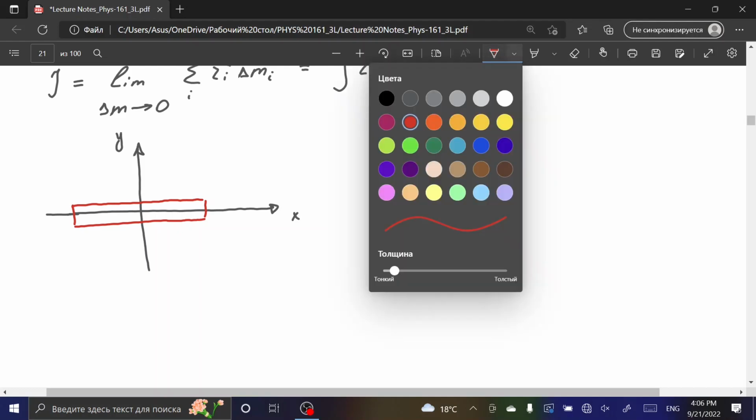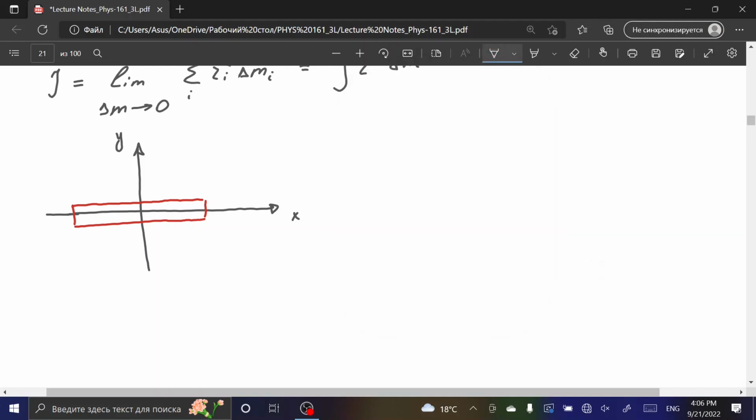The total length of this rod will be L, capital L. So the coordinates of the left edge and right edge will be minus L over 2, and here will be L over 2.